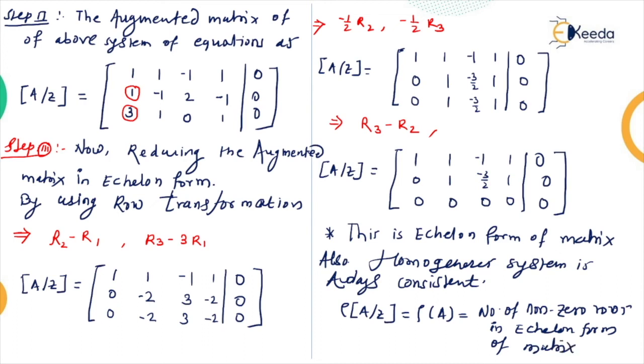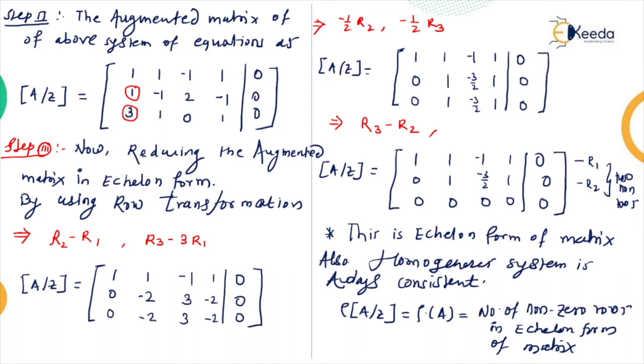So you check only the number of non-zero rows in the echelon form of the matrix. How many non-zero rows are there? Only 2: row R1 and row R2. So clearly the rank of A is equal to 2.